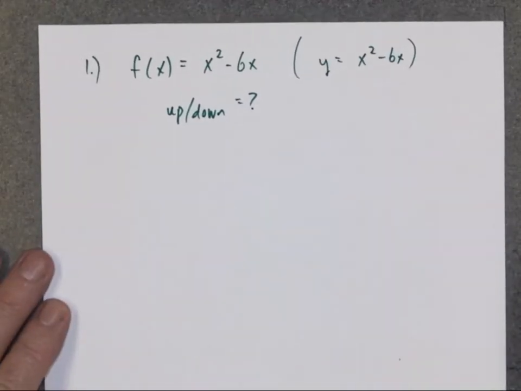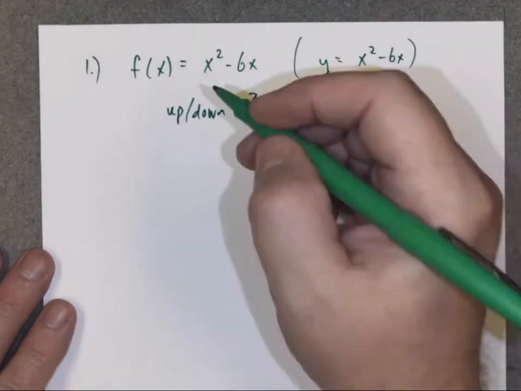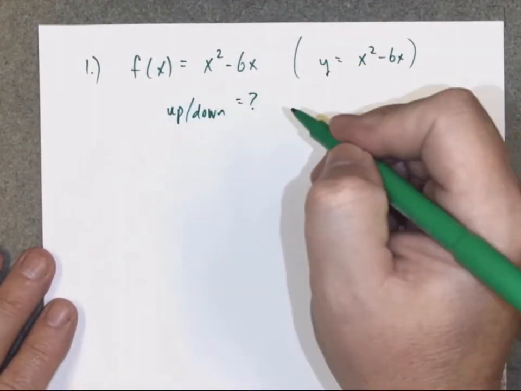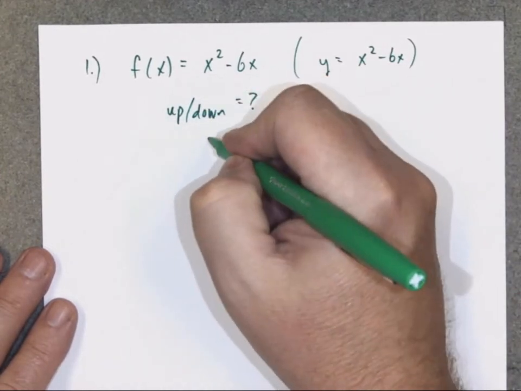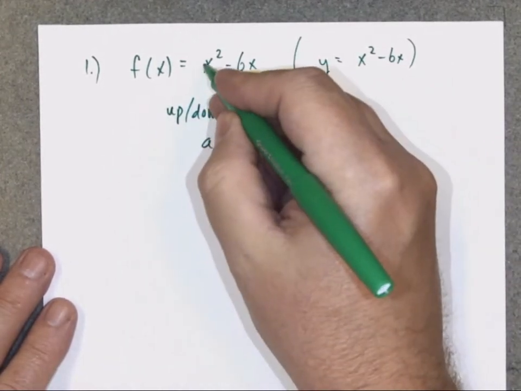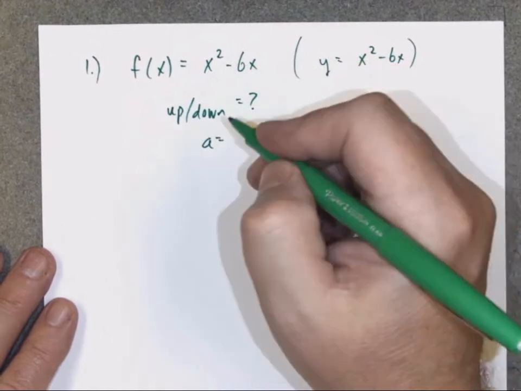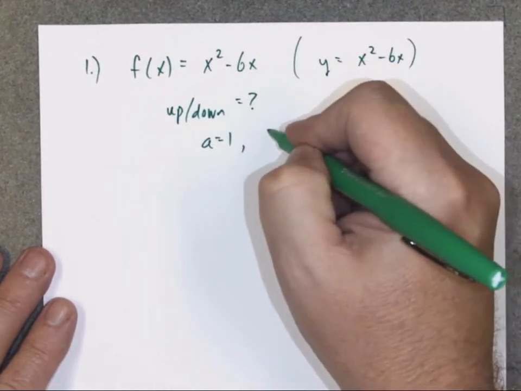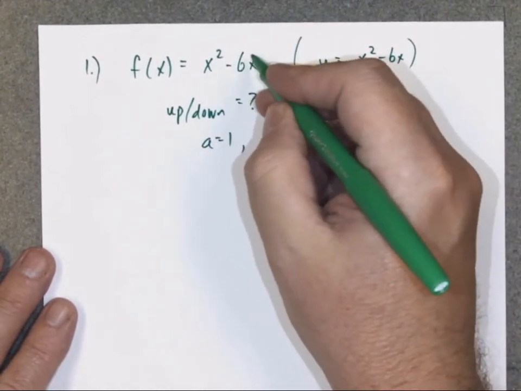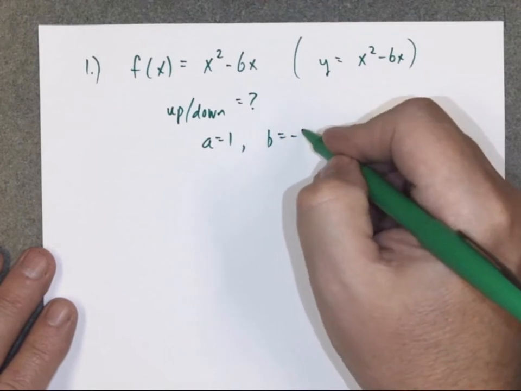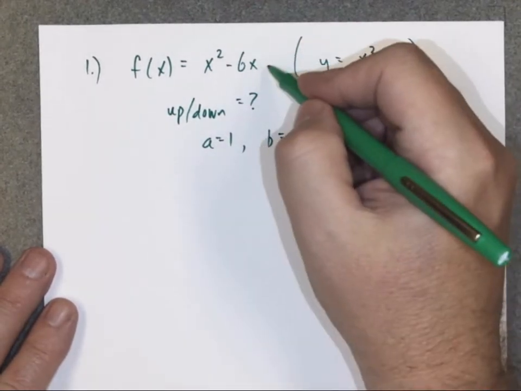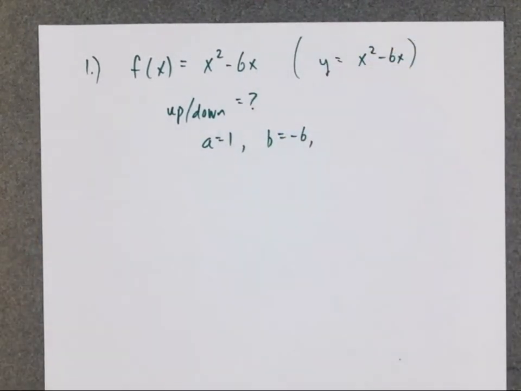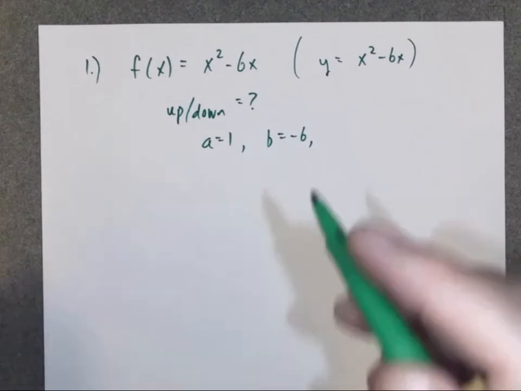Well, what's the sign of A? The sign of A determines whether it's up or down. Let's go ahead and figure out A, B, and C for this problem. A is whatever number is in front of the x squared term. In this case, it's 1. B is the number in front of the x term, negative 6. Now C, there's actually no third term. There's no number here.